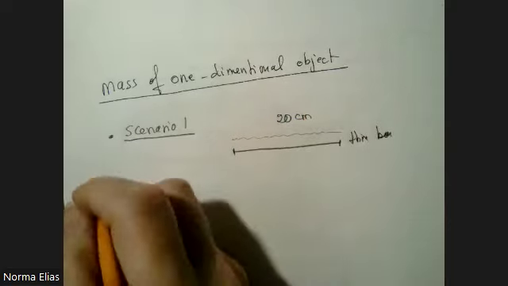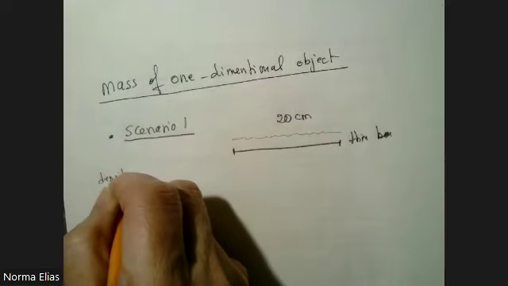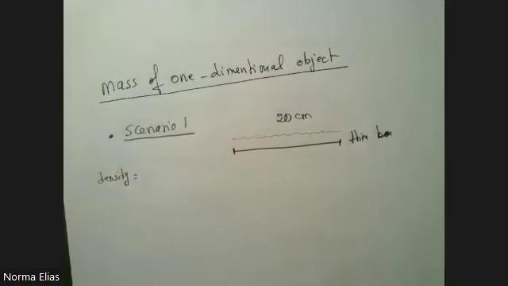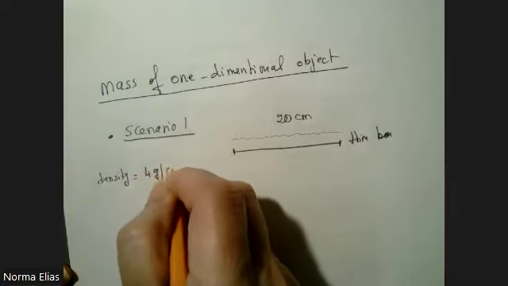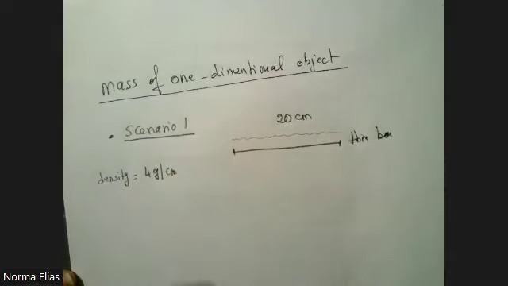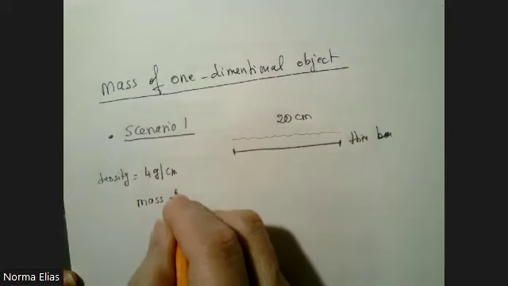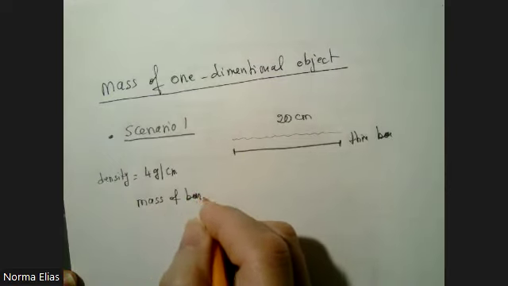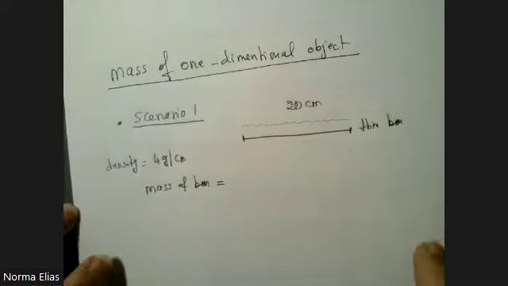I tell you the density, I'm just making up numbers, is 4 gram per centimeter. What is the mass of this bar?